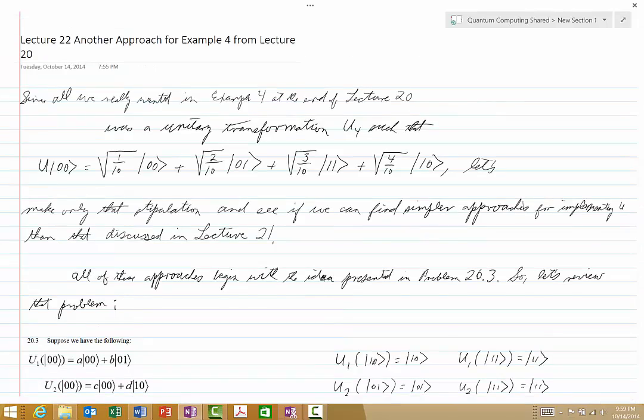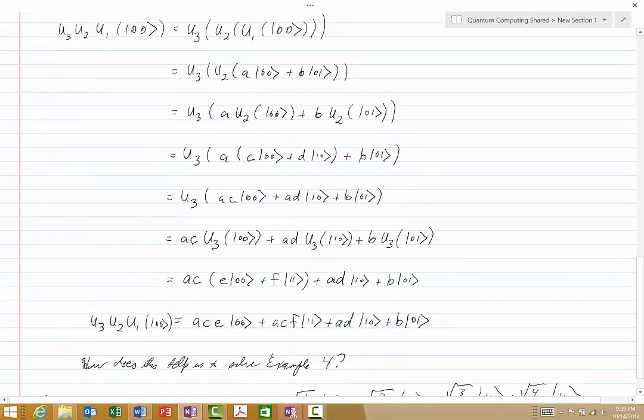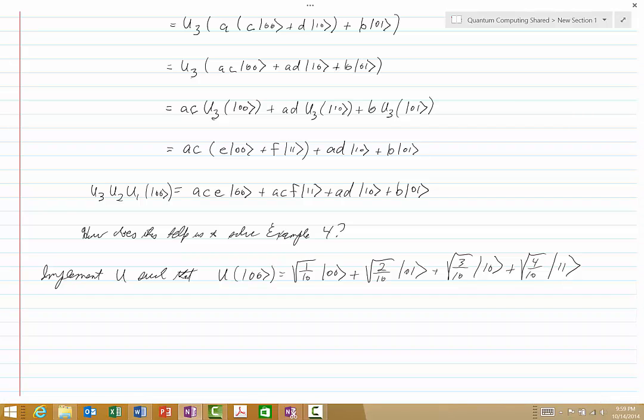Oh wait, I'm sorry, I have 1, 1 and 1, 0 reversed, so let's correct that. This should be 1, 1, and the last one is 1, 0.